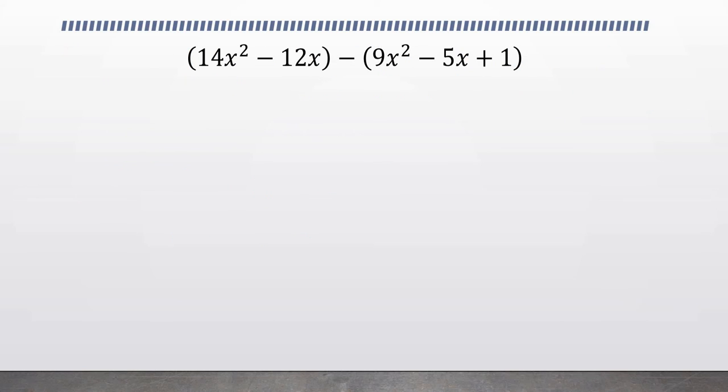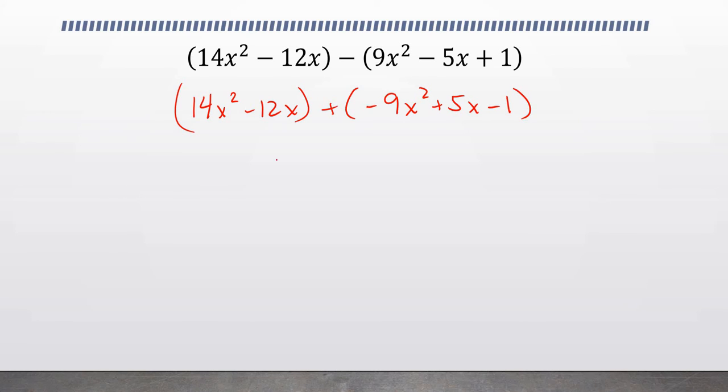Try one more of these. So again, on your own, pause the video. Be sure to change your subtraction to addition, and then do your problem. Okay, 14x squared minus 12x. I'm going to change this to addition and make my second polynomial negative 9x squared plus 5x minus 1.